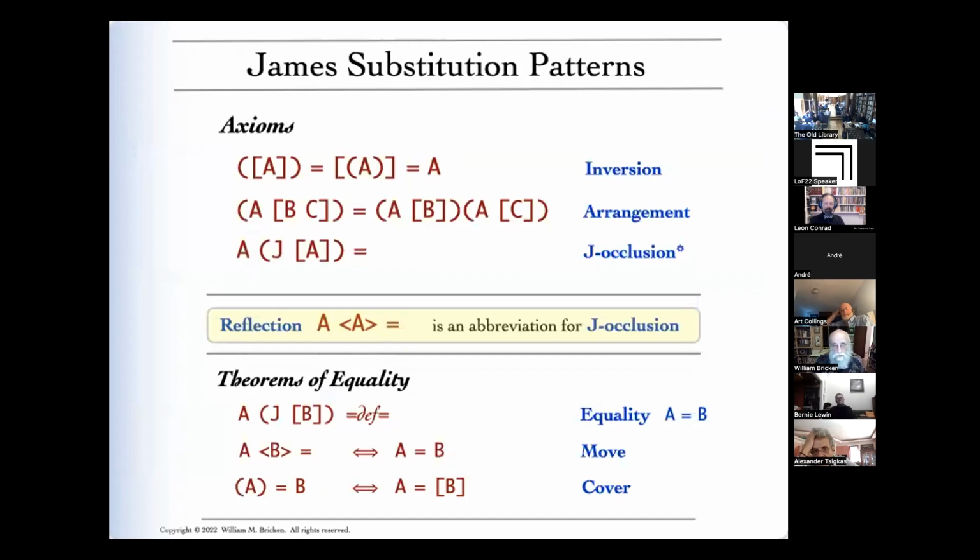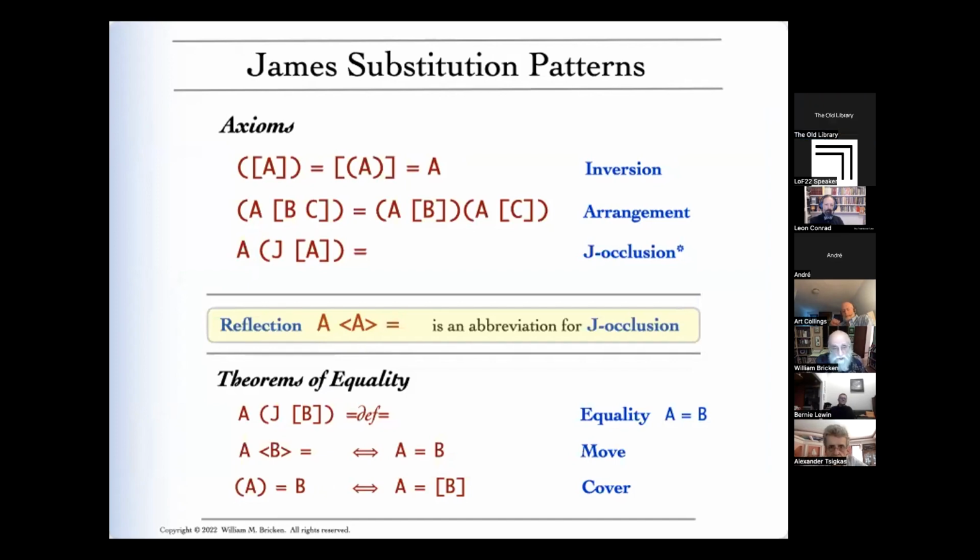Now, I'll introduce an abbreviation for J occlusion for more comfort, a third type of container, angle brackets. The rule is called reflection, and reflection just makes it easier for us to read it and to understand the forms. But I do want to emphasize that the angle bracket's not a new type of container.